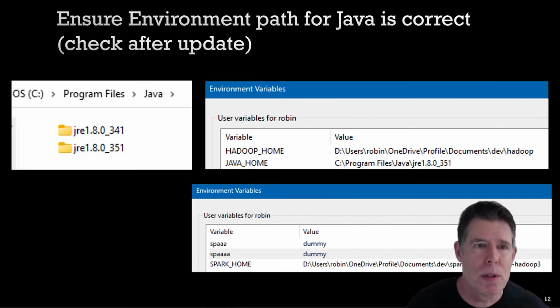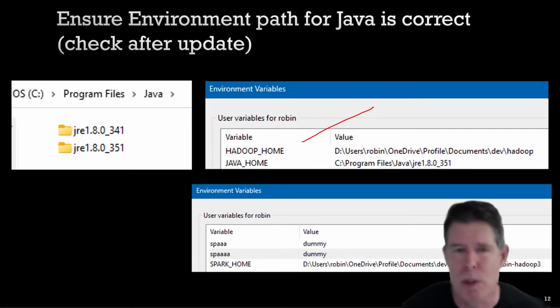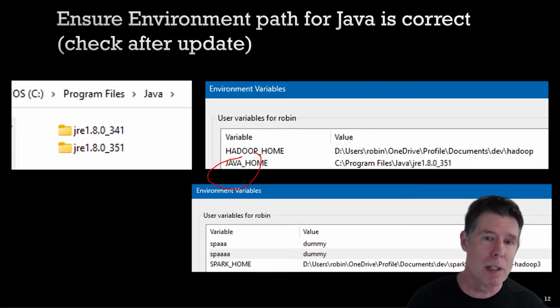On a Windows computer, you can open up the environment variables, and here I have my Hadoop home, as I mentioned before. I've got it in some folder, and then I've got a bin folder there with winutils and hadoop.dll. I've also got my Java home, and every time I download a new version of Java, I change this because otherwise everything breaks.